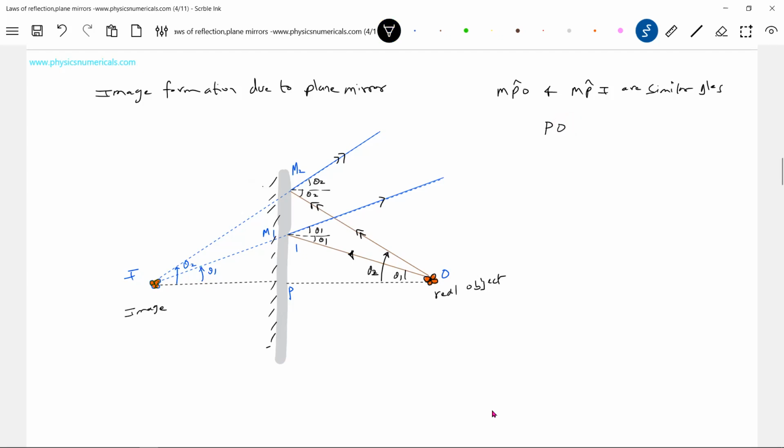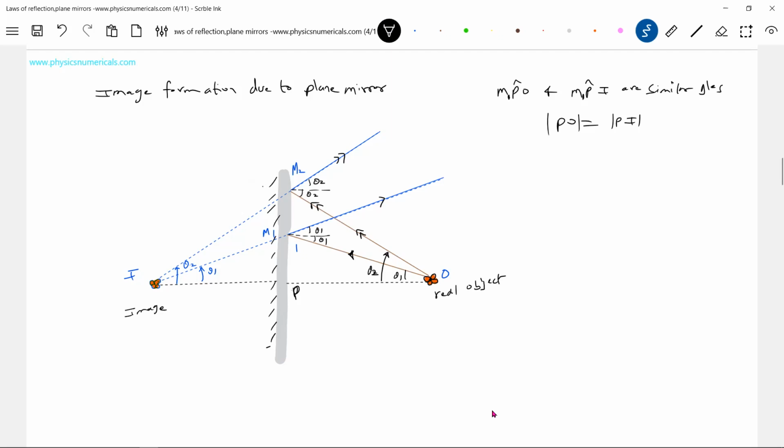Because of that, what can I write? PO, or yeah, in the books they took M. Okay, let me write PO only. Therefore, PO is equal to PI.